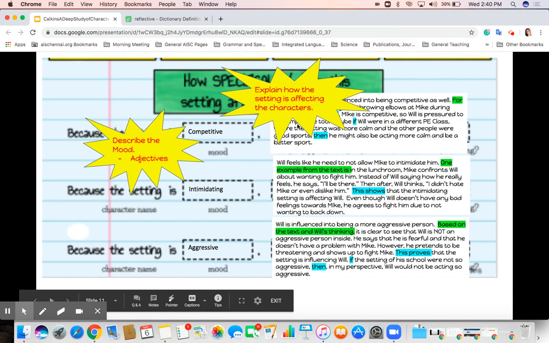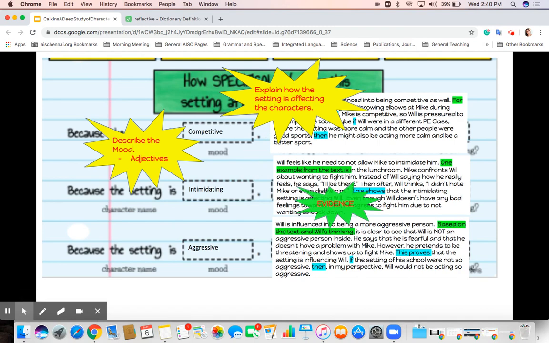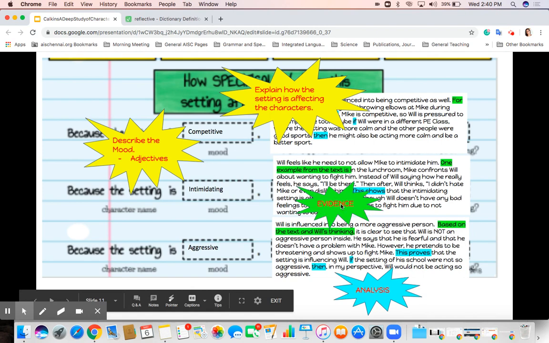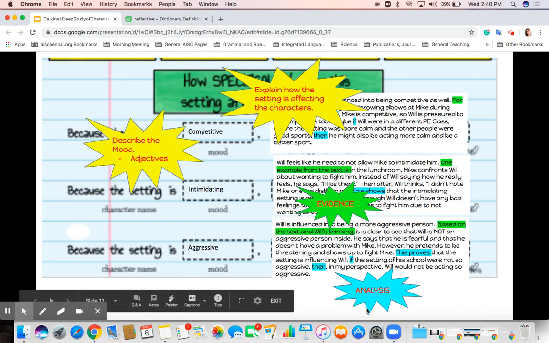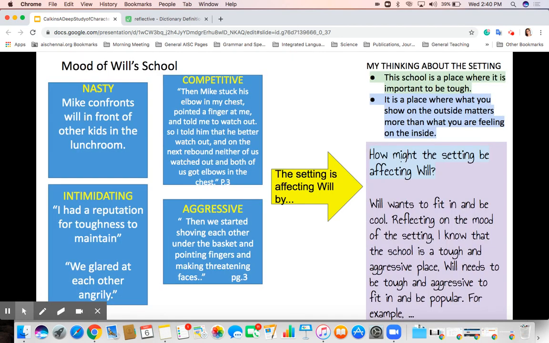Explain how the setting is affecting the characters by using text evidence and explaining how the evidence proves your thinking, and how the evidence proves the mood or your thoughts about the setting through your analysis. If your writing about your reading has all of these elements, then it's okay if yours looks different than mine. It's still accomplishing the same goal.